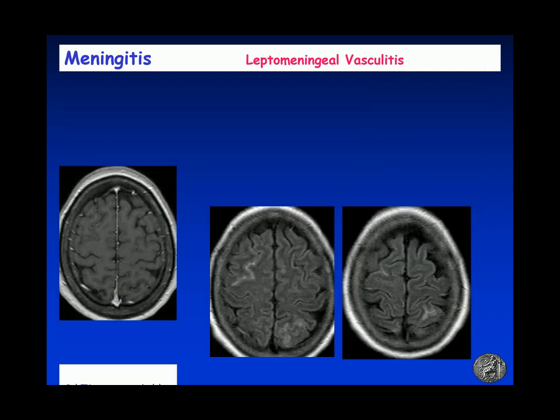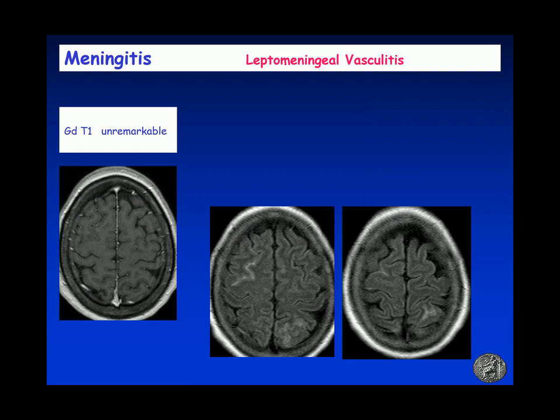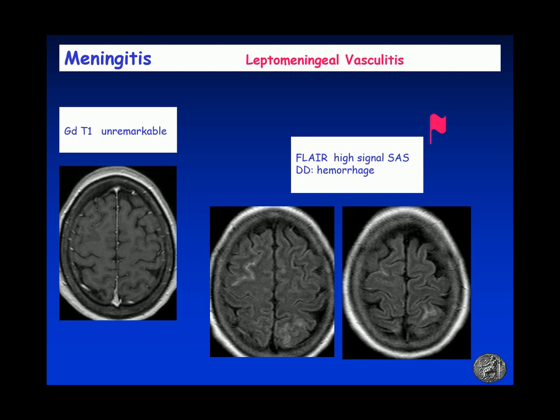So if you use MRI, which looks easier to many people because it is not operator dependent, and you use the different sequences, and you use T1 weighted sequence with intravenous injection of contrast material, and you suspect meningitis, you will see nothing in many cases. And if you use FLAIR imaging, this is more sensitive.